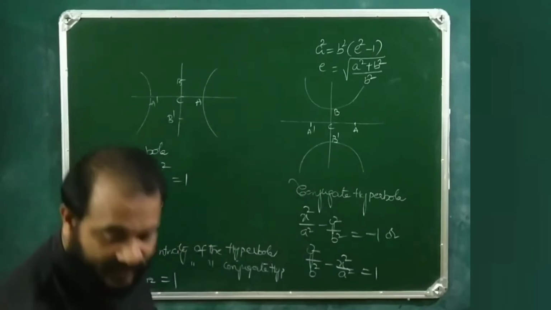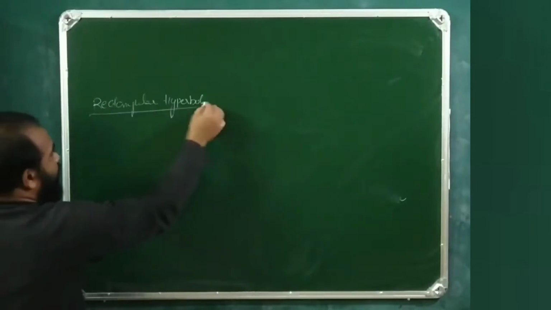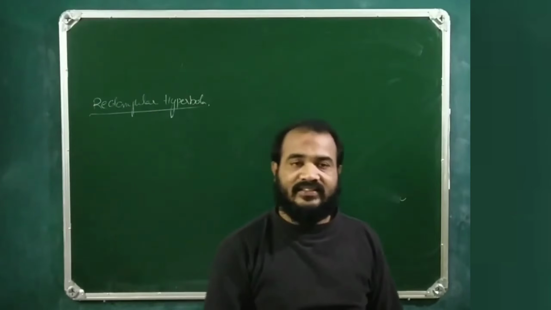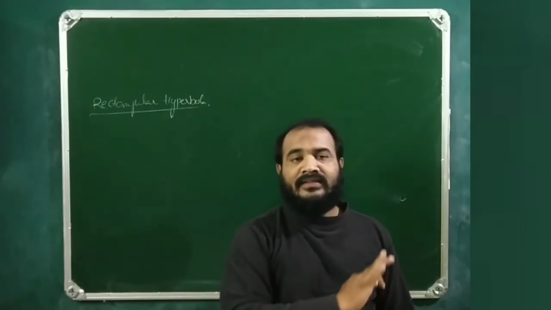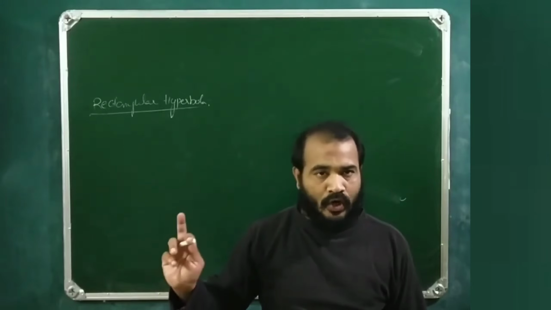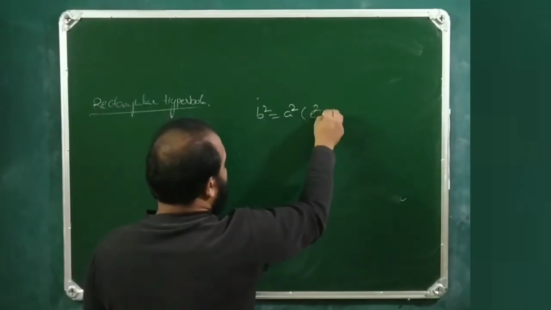And the next concept is the rectangular hyperbola. A hyperbola in which the transverse axis and the conjugate axis are the same is said to be the rectangular hyperbola. b square equals a square into e square minus 1.